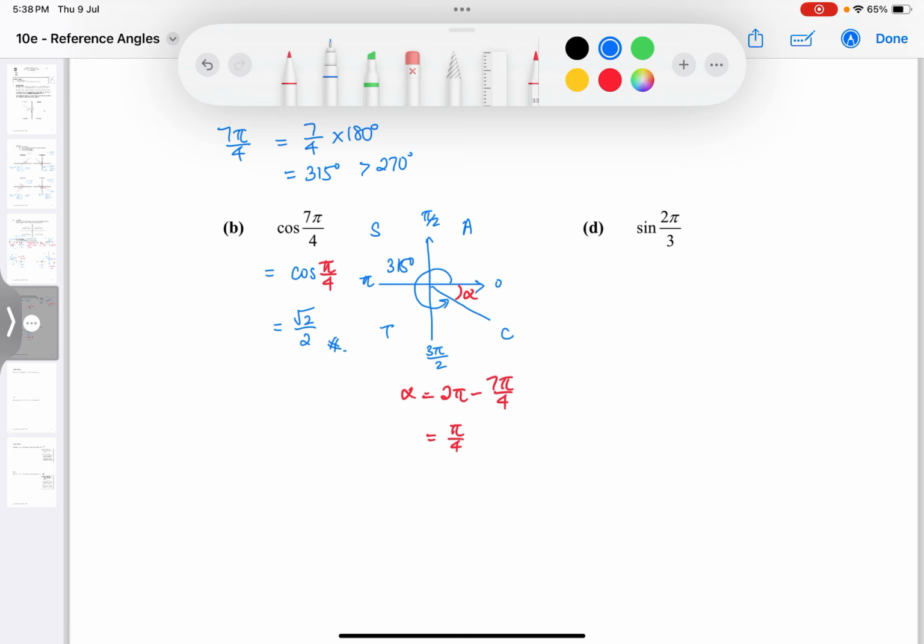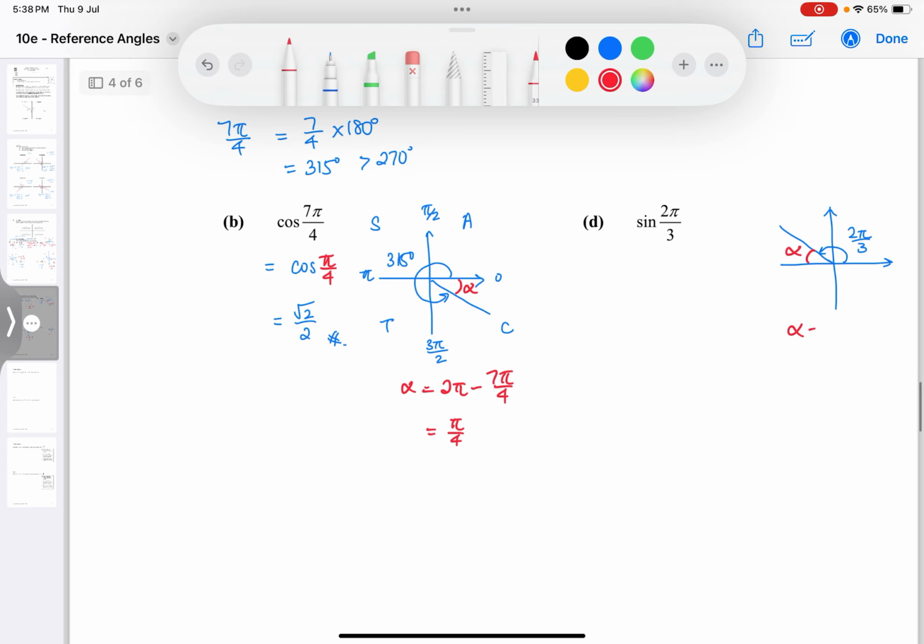Alright, and the last question, same procedure, find out which quadrant 2 pi over 3 is in. Because it's lesser than 1, but bigger than half, it is in the second quadrant. So the corresponding basic angle can be found by taking pi minus 2 pi over 3, which is pi over 3.